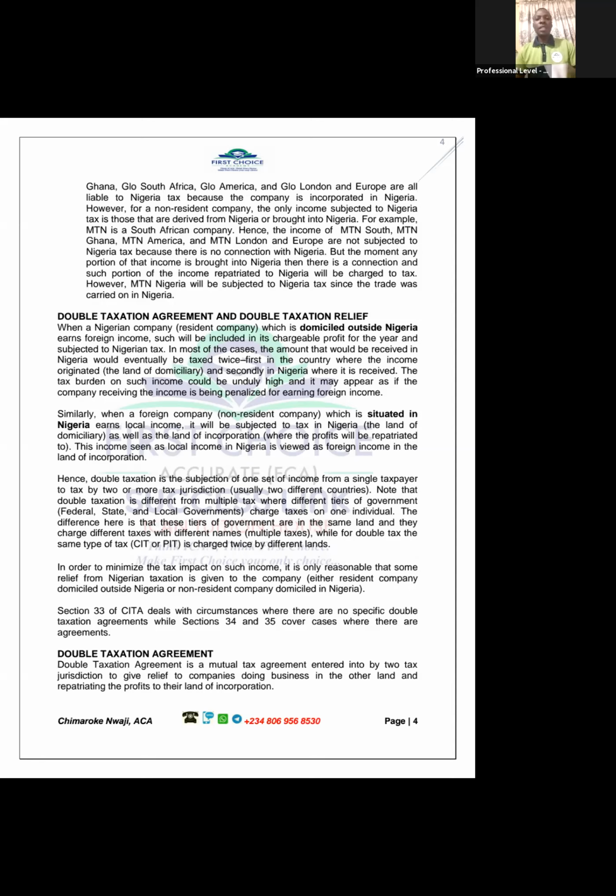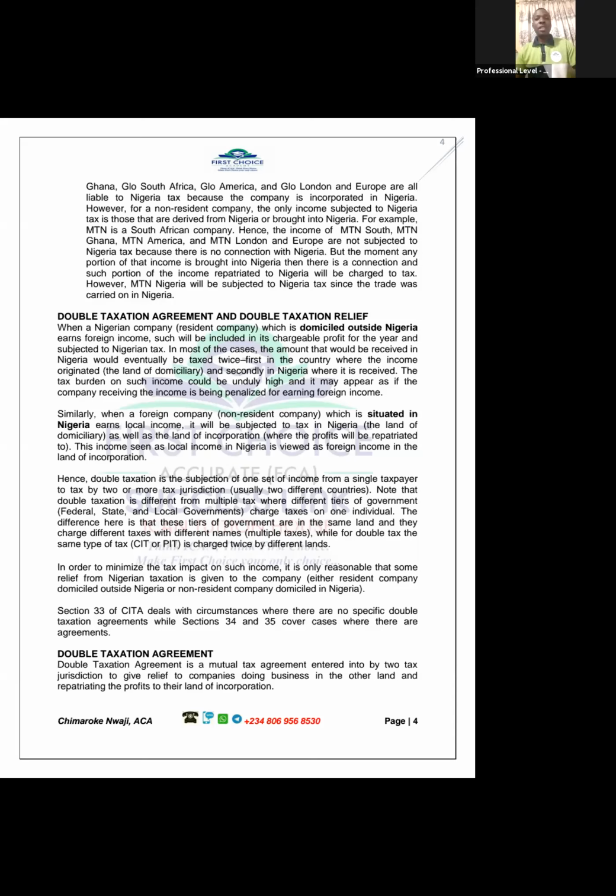So what happens is this: Nigeria will charge 300,000 tax payable, less relief of 200,000. Tax payable in Nigeria will be 100,000.